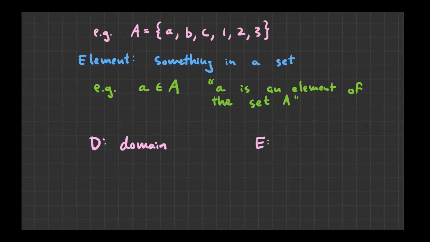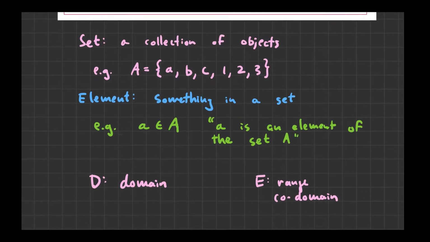And often we'll refer to E as the range, but the more accurate definition would be the codomain. Okay, so it really sort of depends on how you're defining your function. But we'll talk more about the difference between a range and a codomain shortly. So we're taking elements in our domain and we're assigning them exactly one value in our codomain.